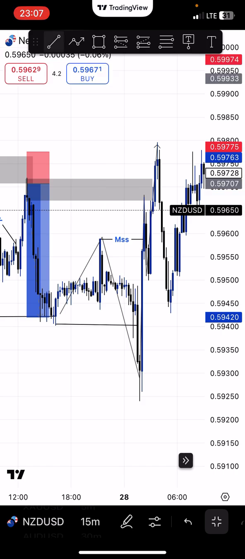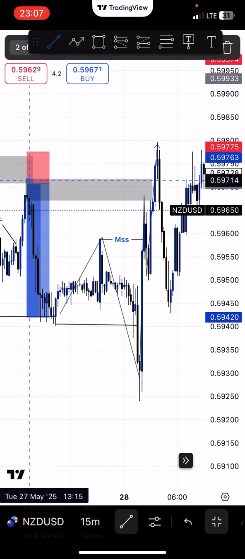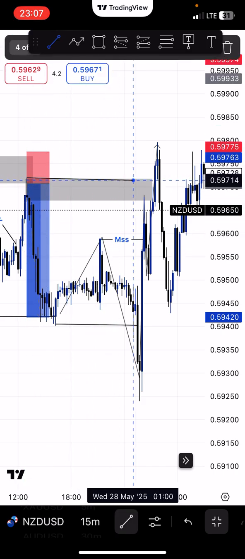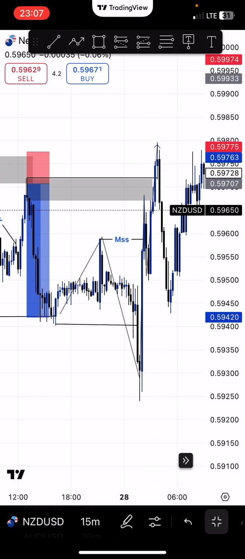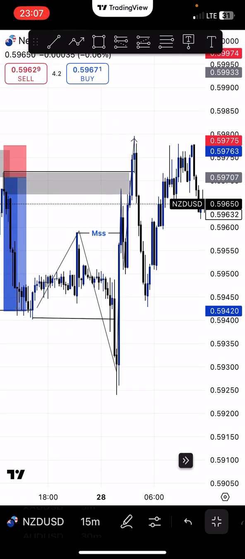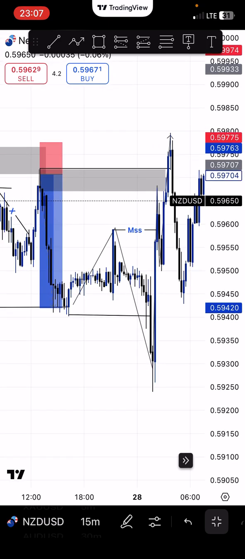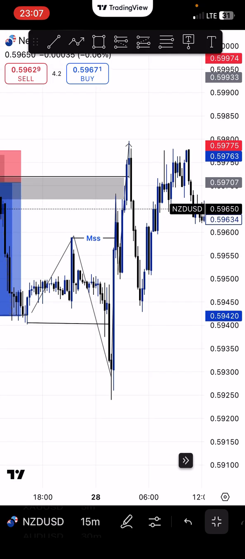Take note. Highlight it. Those of you that have been trading know the criteria of a valid breakout structure, valid market structure shift or change of character: the candle is supposed to close above, not just the wick, and so on.